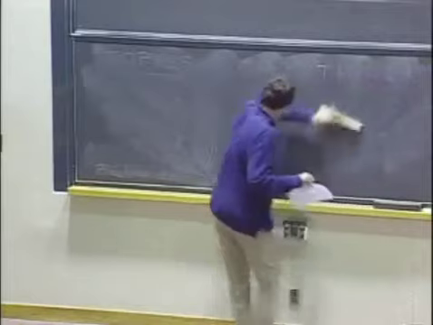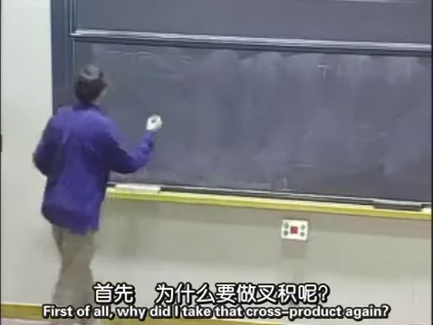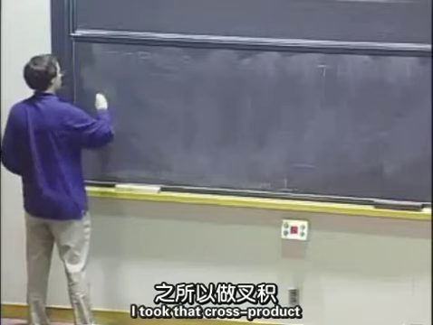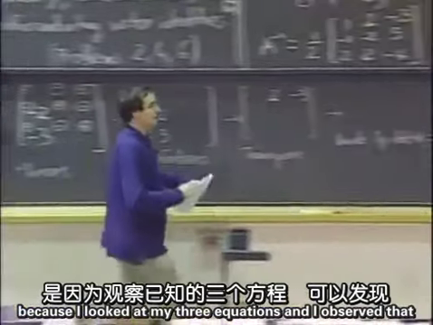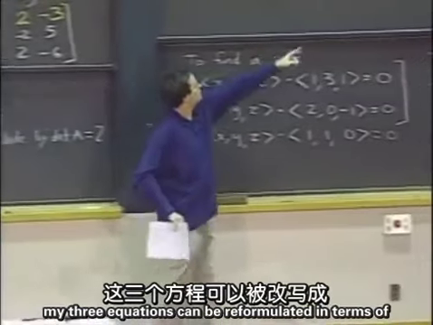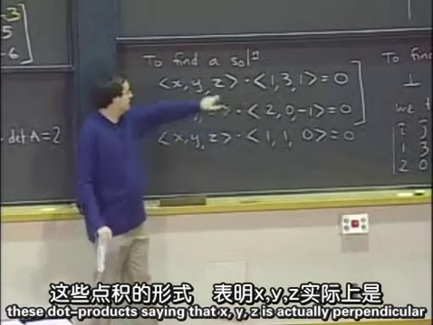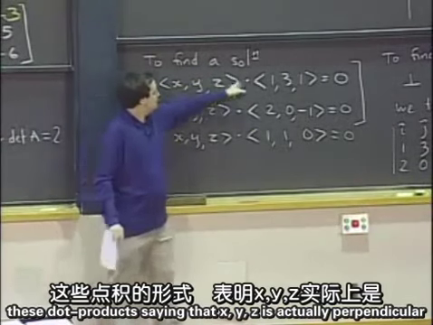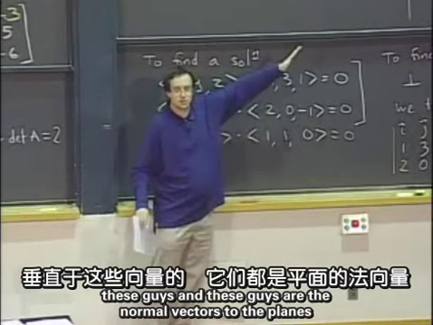Okay, so first of all, why did I take that cross product again? So I took that cross product because I looked at my three equations, and I observed that my three equations can be reformulated in terms of these dot products, okay? Saying that x, y, z is actually perpendicular to these guys, and these guys are the normal vectors to the planes.